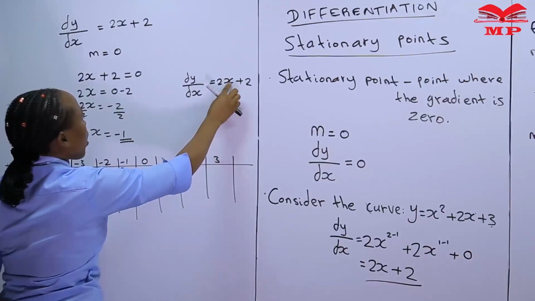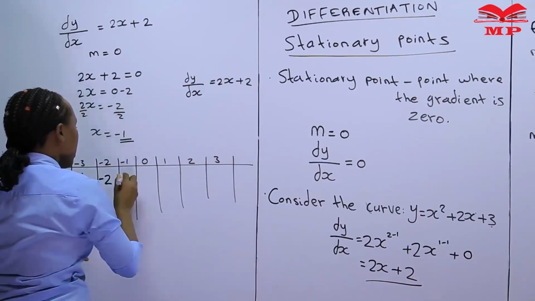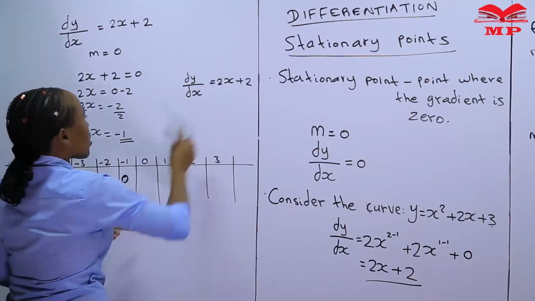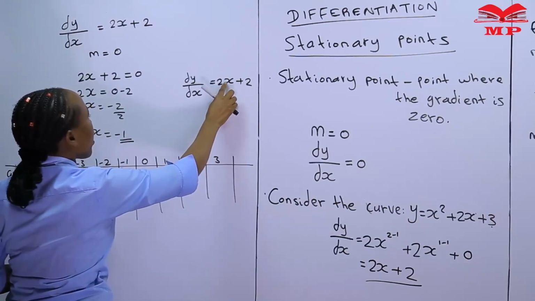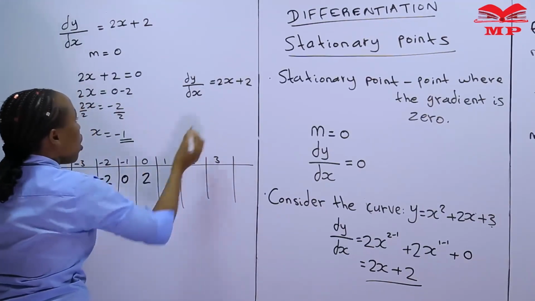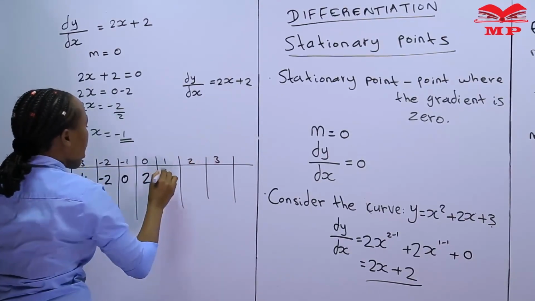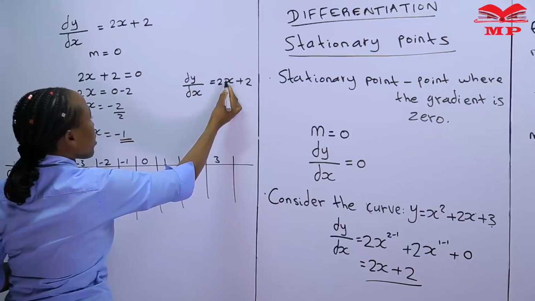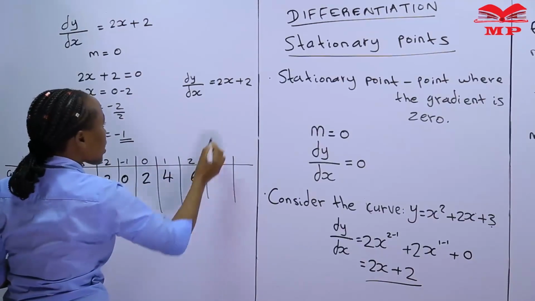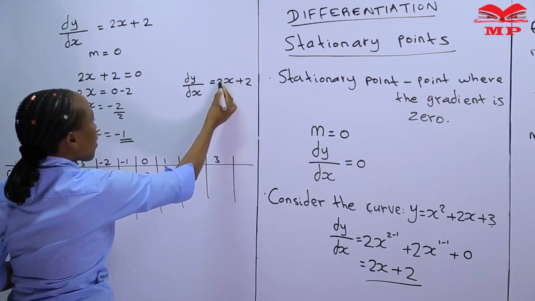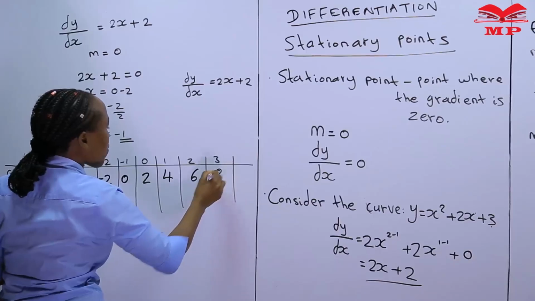For negative 1 we are going to have negative 2 plus 2, which is 0. When we have 0, we'll have 0 plus 2, that is 2. When we have 1, we have 1 times 2, that is 2, plus 2, we have 4. When we have 2, this is 4 plus 2, we have 6. And when we have 3, we have 3 times 2, that is 6, plus 2, we have 8.